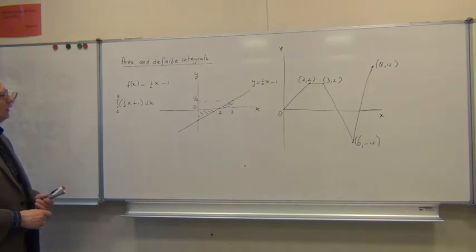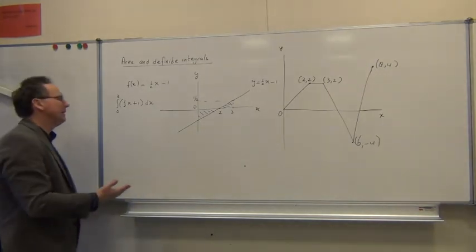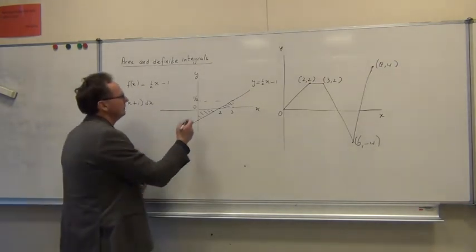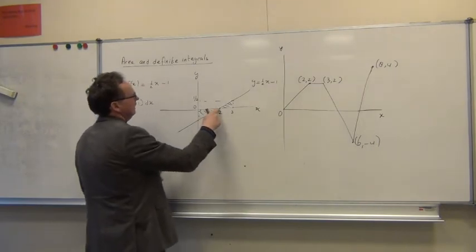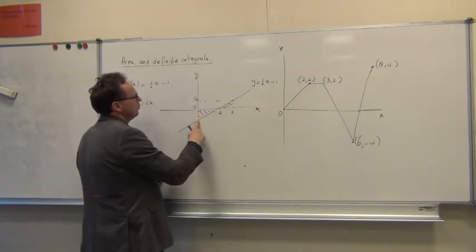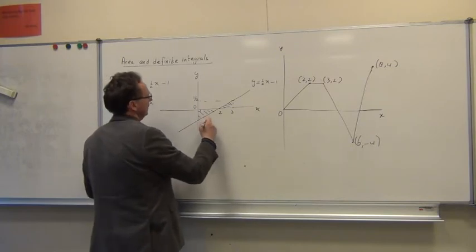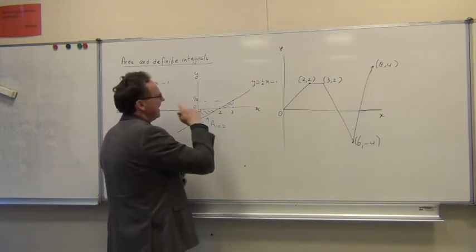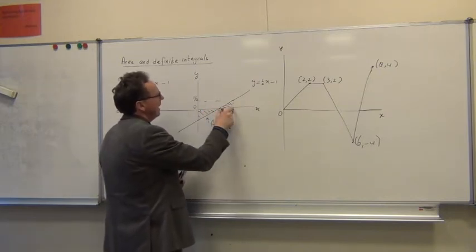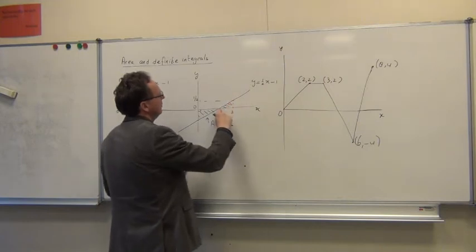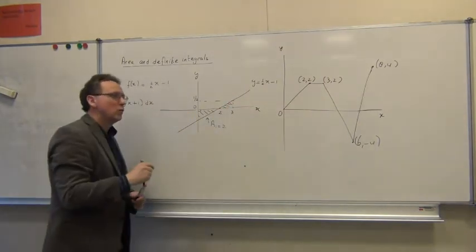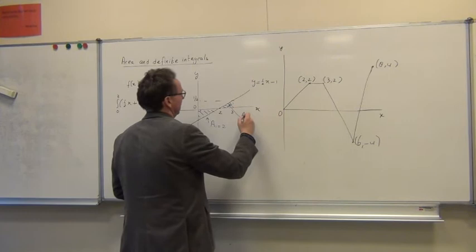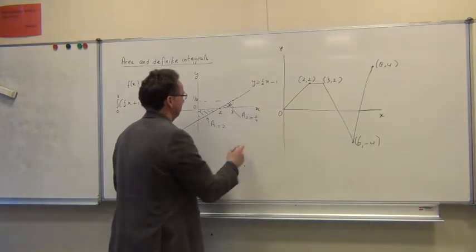So if you look at these areas, we can use geometry to find them. That's no problem, because we have two triangles. For this triangle, the base is 2, the height is 1, so the area is half times 2 times 1, which is 1. And for this one, the base is 1, the height is half, so half times 1 times half, so that area will be 1/4.